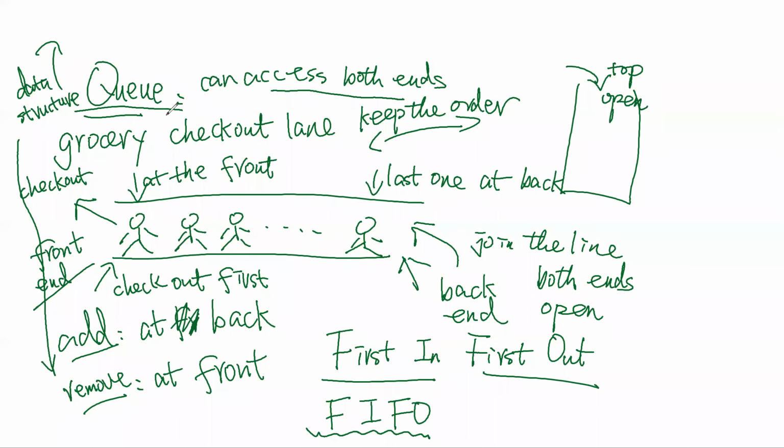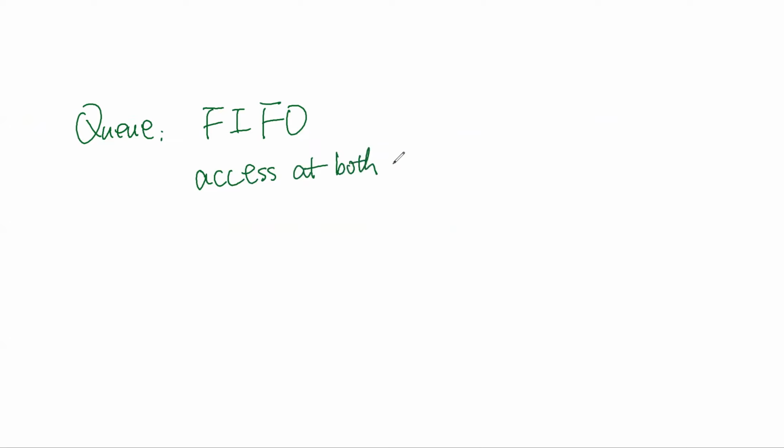That's a queue's feature. Generally speaking, the feature regarding a queue is first in, first out, and you can access both ends, here meaning front and back.